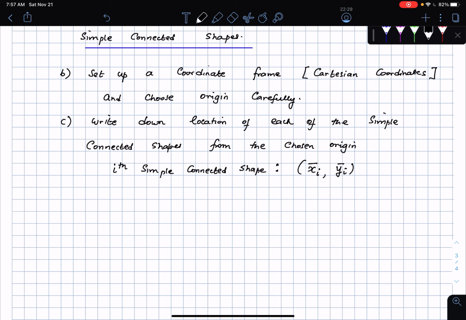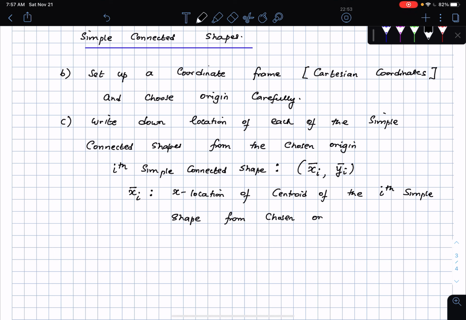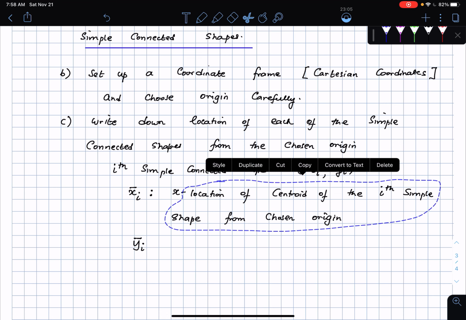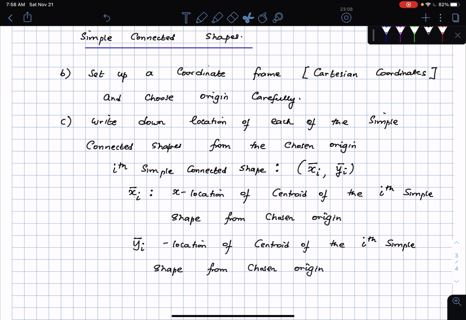So x bar i is the x location of the centroid of the ith simple shape from the chosen origin, and y bar i is the y location of the centroid of the ith simple shape from the chosen origin.